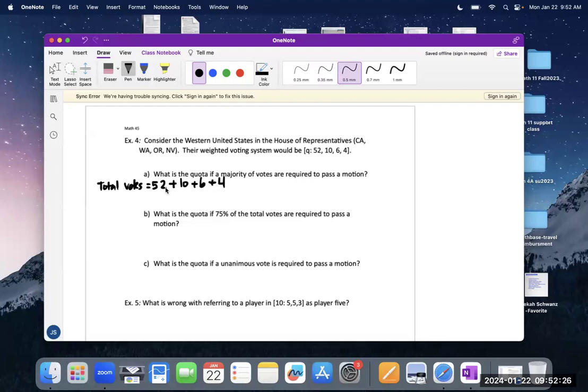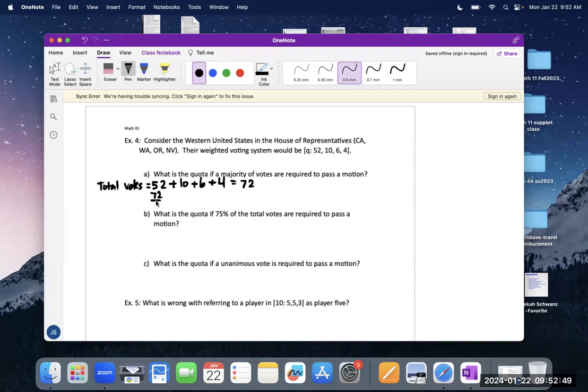So that's 62, 68, 72. And let's do this in a different way. 6 plus 4 would be 10, plus another 10 would be 20, and 20 plus 52 would be 72. So that looks right.